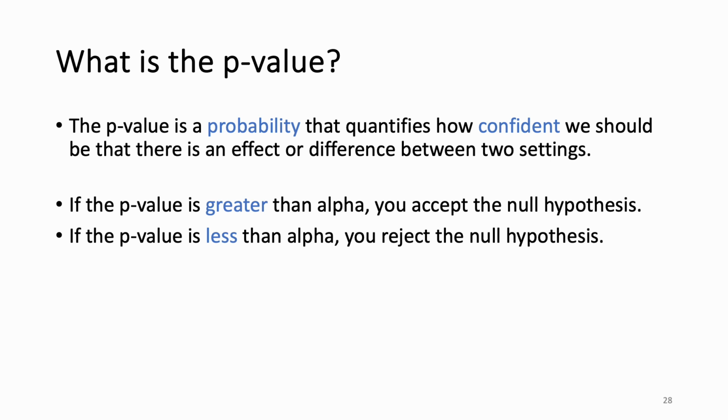And if the p-value is less than alpha, less than 0.05, then you reject the null hypothesis. You reject that there is no difference, and you accept that there is a difference, or maybe you say that it is more likely that there is a difference between the two settings that we are comparing, or that there is an effect of that specific treatment that we are applying.